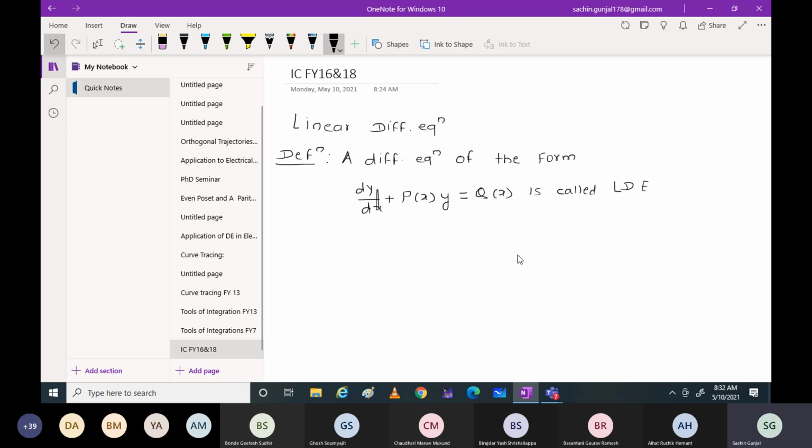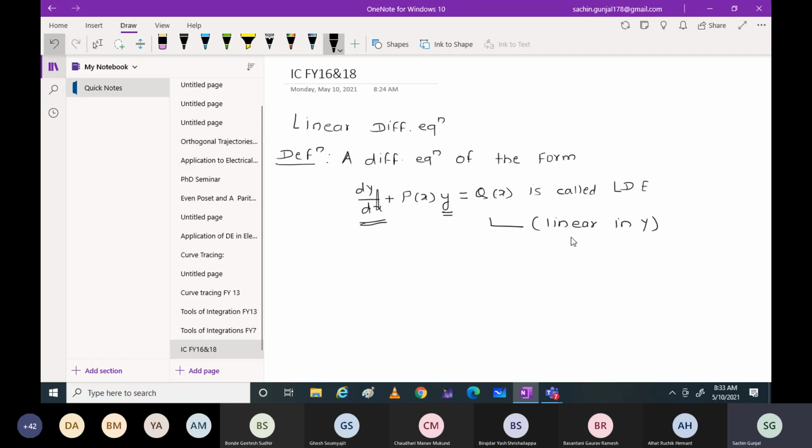Because you can see that degree of this dy by dx term and degree of y is 1, and that's the reason it is called linear in y. I repeat, degree of dy by dx and degree of y is 1. Therefore, it is called linear differential equation.